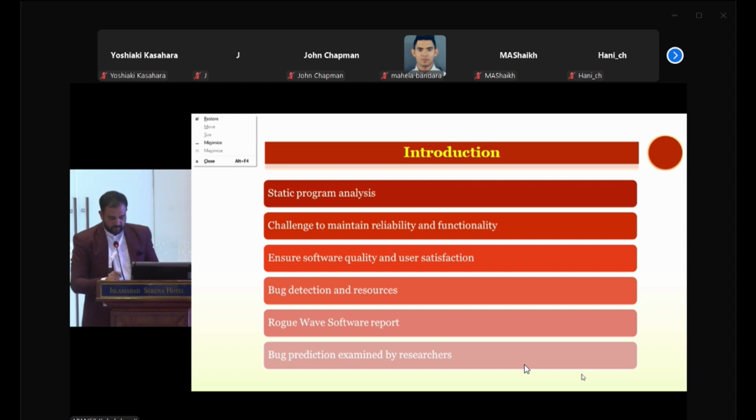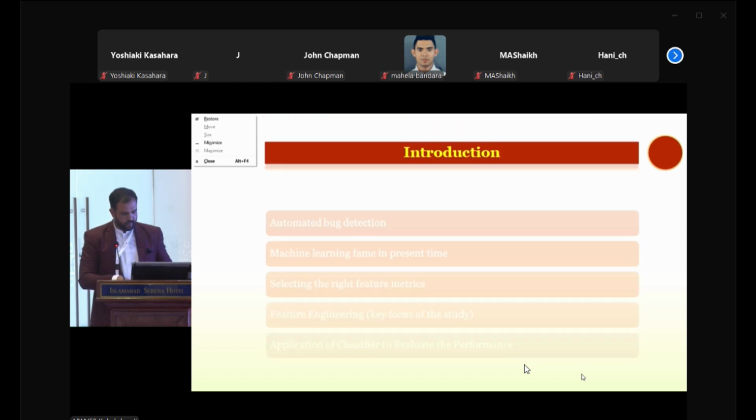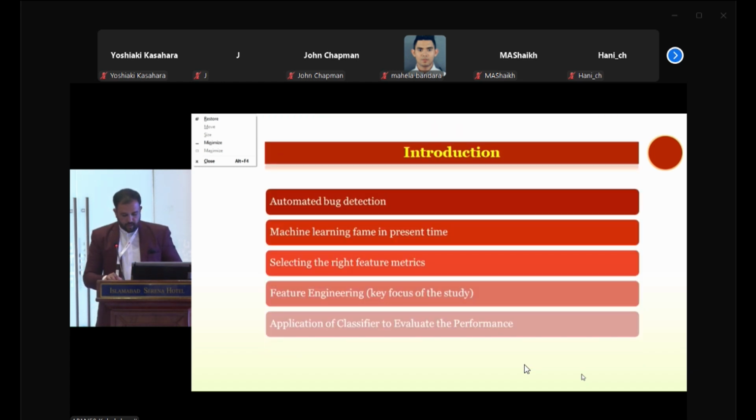In order to alleviate the issue of bug fixing, bug prediction has been studied extensively by researchers. Automated bug detection and diagnosis have gained substantial attention as indispensable tools to streamline the bug resolution process.